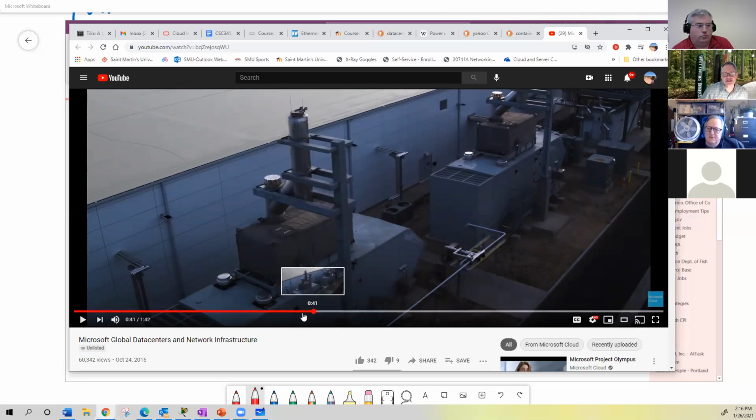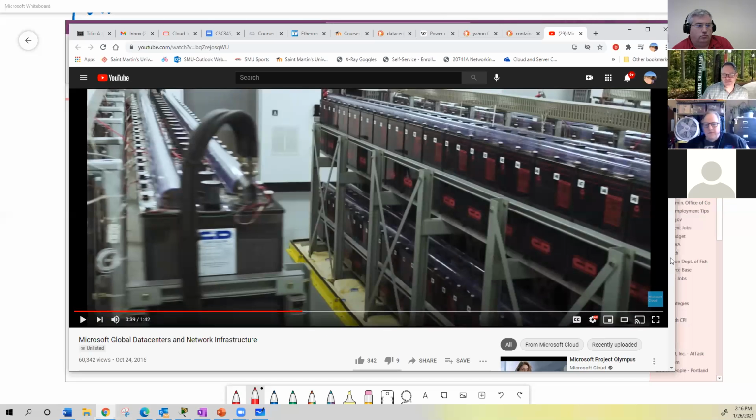Okay, these, what's that? Batteries. Yep, those are like deep cell marine batteries or something like that. They're batteries basically to support the data center if the power goes out. But all they do is keep power flowing to the data center until the generators kick on. Many times you can have rows and rows of these batteries, and it only provides you a half hour to an hour of uptime.